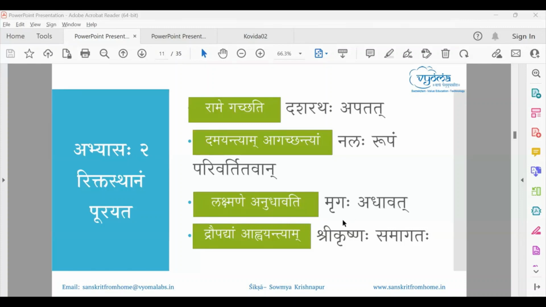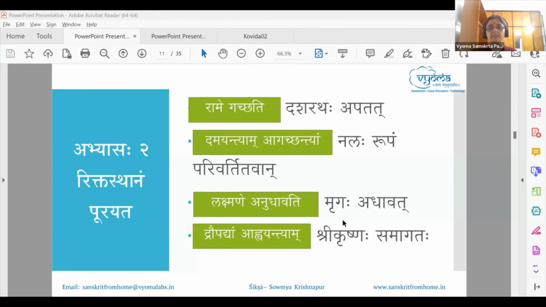Lakshmane anudhavati mrigaga adavat. Mriga is animal, adavat, okay, so it was jumping. Lakshmane, so Lakshmana went after the animal which was jumping and going. Dhavati runs.